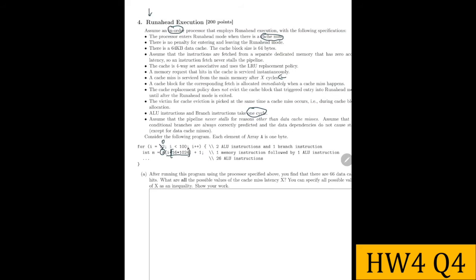And as you can imagine, if you multiply 16 by 1024 for different i's, then you end up having the memory location, each cache block location goes to the same set in the cache. Okay, so what's the first question?